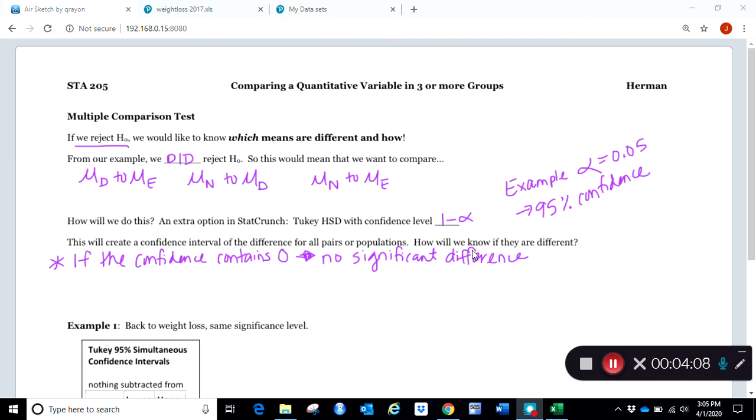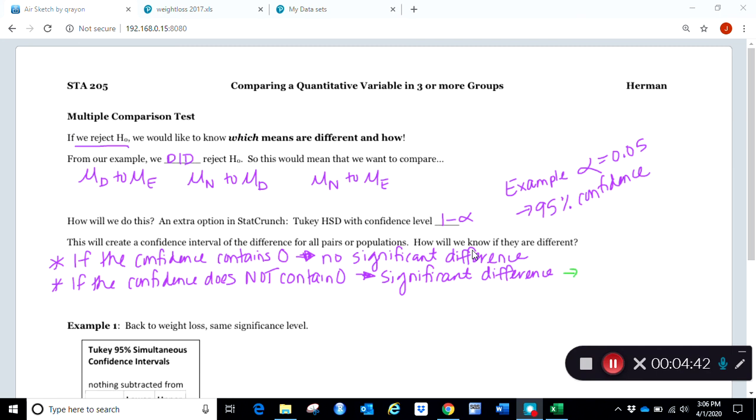Well, what then that means for us is if the confidence interval does not contain 0, that means there will be a significant difference. And for those that have a significant difference, we'll be able to figure out which one is bigger and by how much.